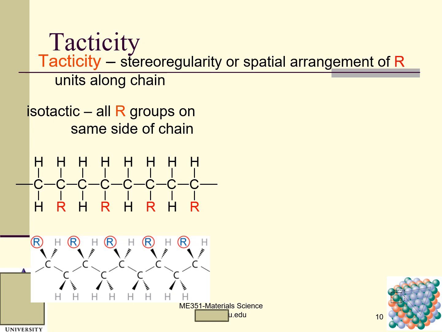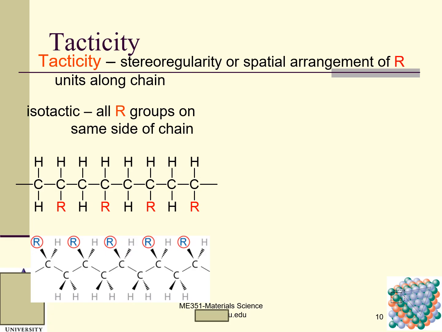And then we talk about tacticity. Tacticity is the stereoregularity, or spatial arrangement, of the radical repeat units along the chain. Isotactic: this is a very special term and you need to know it after we finish today's class.